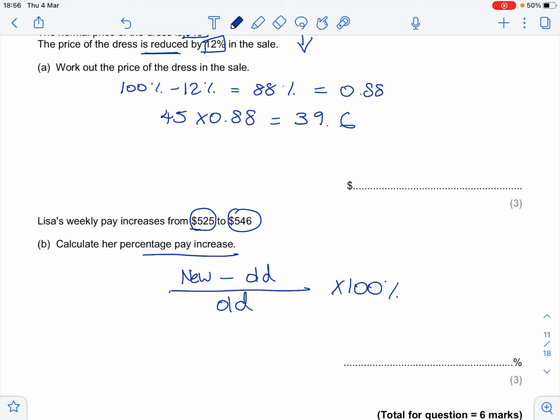So after the increase, his new earning is 546 minus his original, which is 525, divided by the original, which is 525, multiplied by 100%. Type into your calculator, you will get 4%.